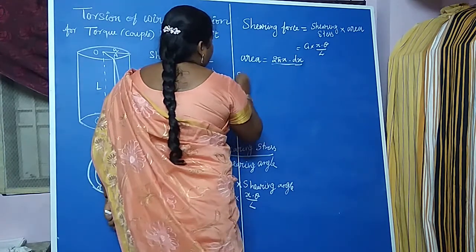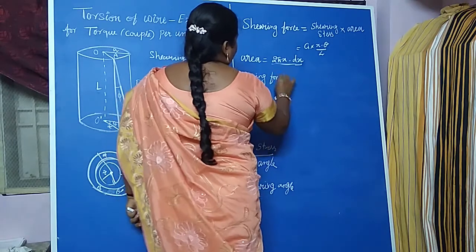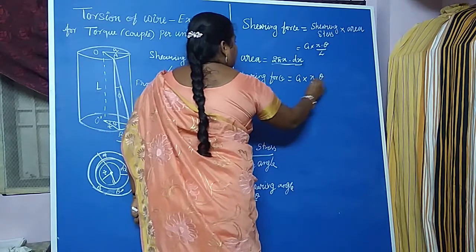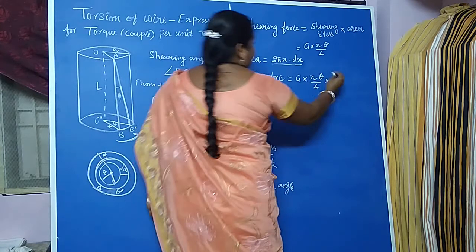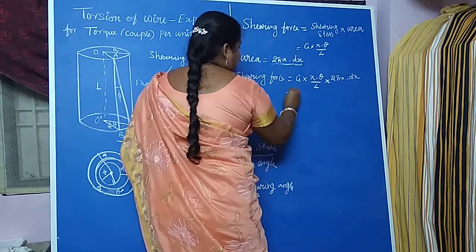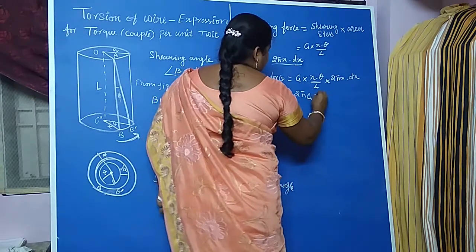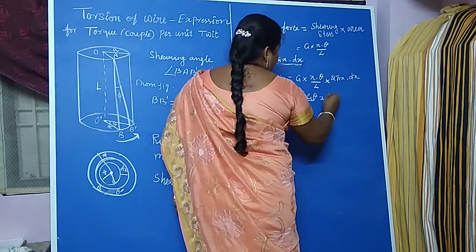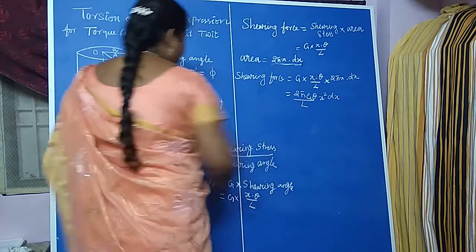On substituting, shearing force equals G into x theta by L into the area through which the shearing force acts, 2 pi x into dx. On simplifying this equation we get 2 pi G theta divided by L into x square dx. This is the shearing force.